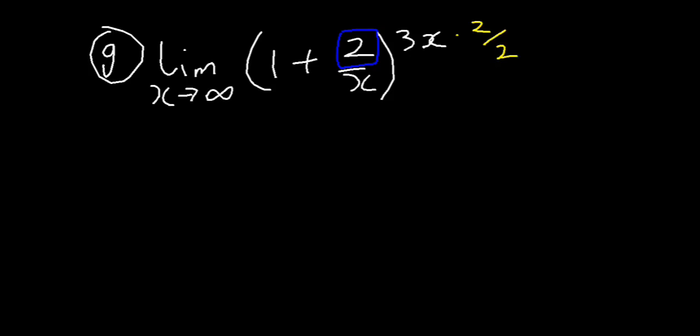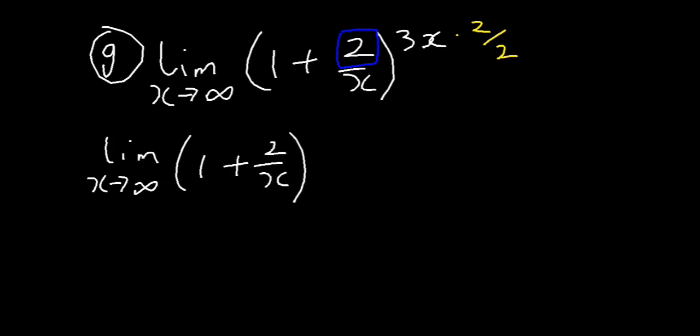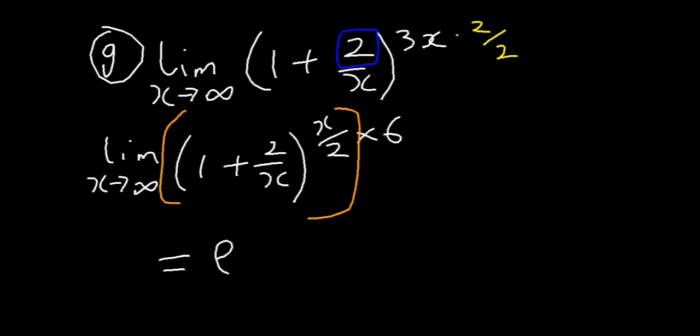So we will have the limit when x tends to infinity of (1 plus 2 over x), and now we make the power the inverse of 2 over x. Therefore, the power will be x over 2 multiplied by 3 times 2, which is 6. So we can now see that we have a pattern. So our answer is e raised to power 6. Hope you get it. Thank you.